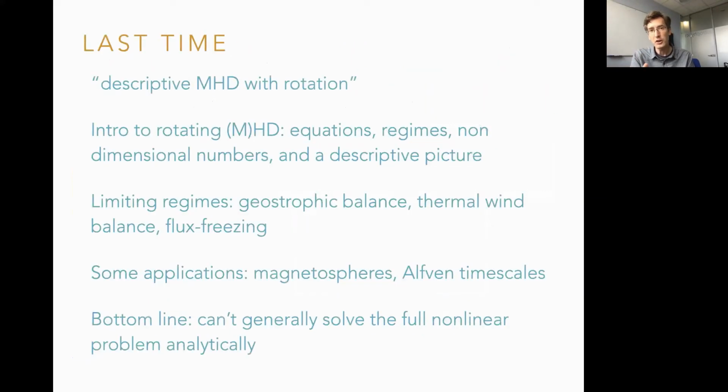And the second lecture had to do with some of the basic equations and tools that we use to tackle that subject analytically or numerically, and some of the key results. So I talked a little bit about geostrophic balance and thermal wind balance and flux freezing in the MHD context, and we did a little bit of applications of that stuff.